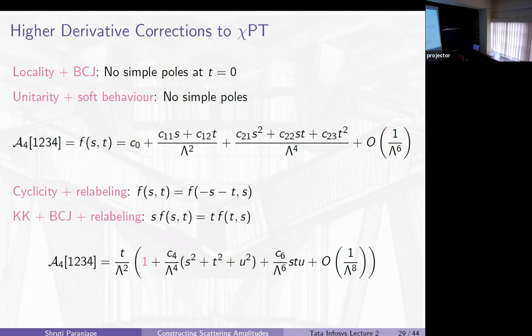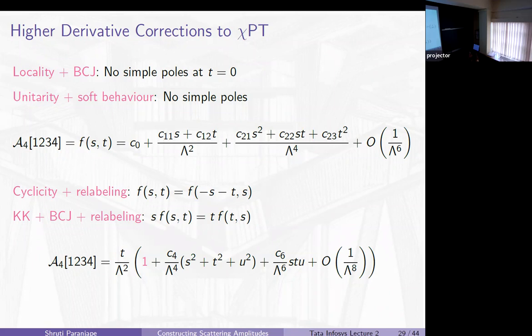Okay. So if you're looking at the nonlinear sigma model, you now say that I need to satisfy locality and BCJ relations. And this says that I can't get a simple pole at T. Unitarity and soft behavior then say you can't get any simple poles, because there are no 3-point amplitudes in a SU(N) cross SU(N) mod SU(N) type coset model.